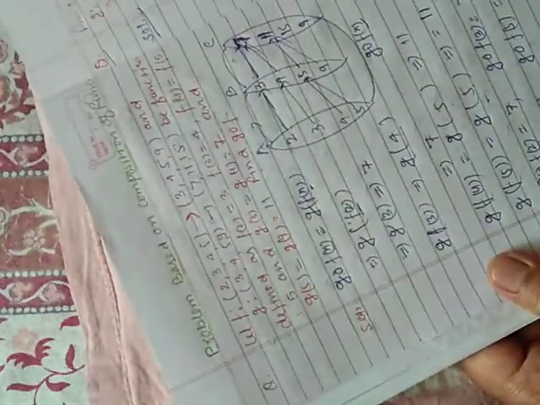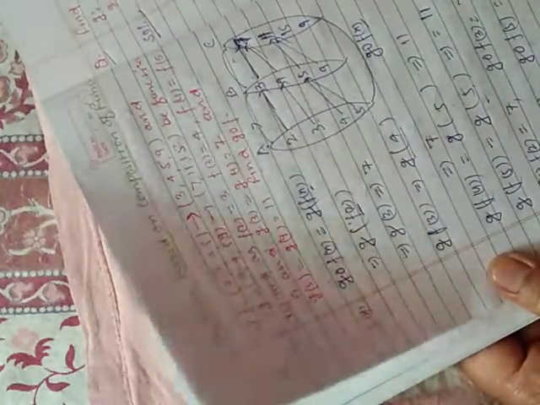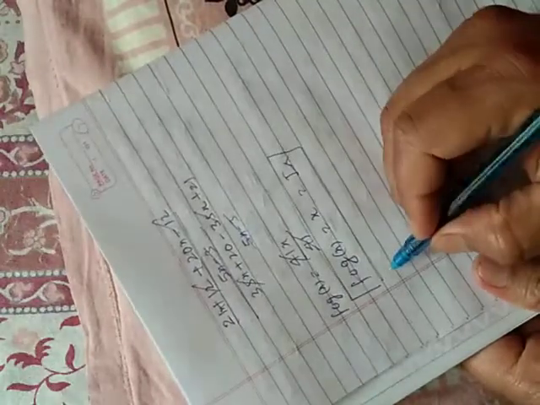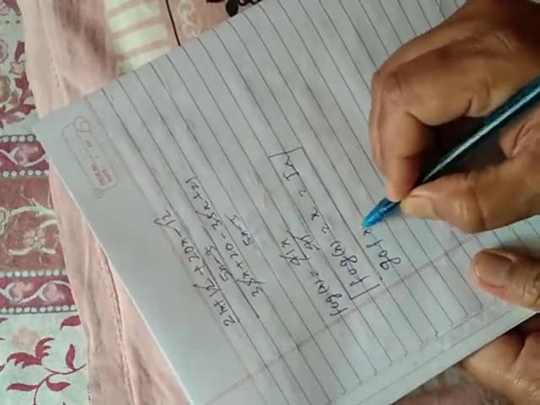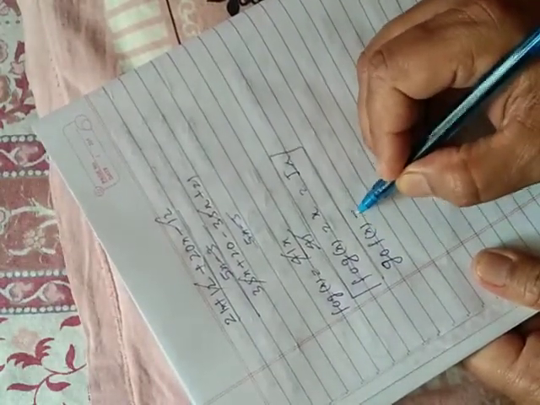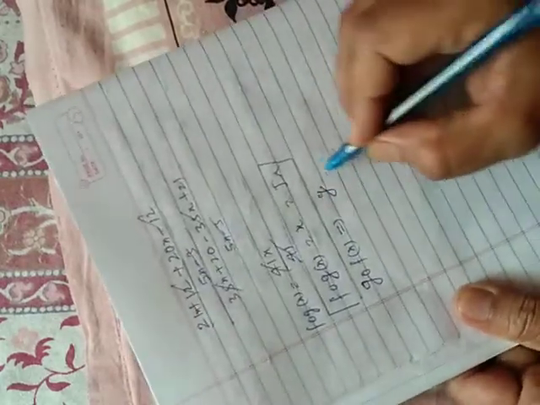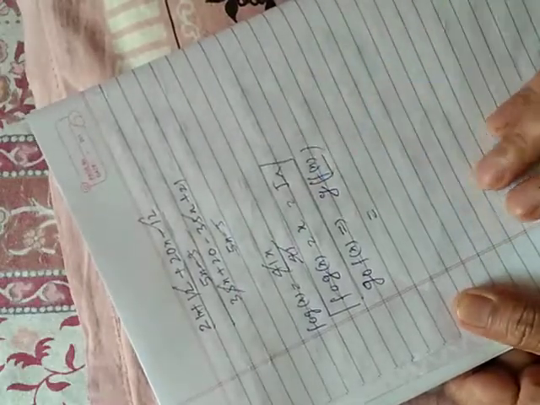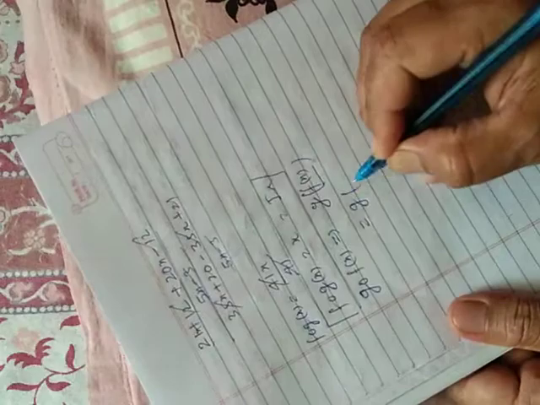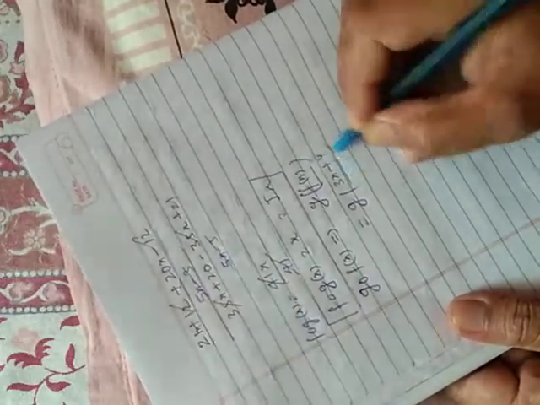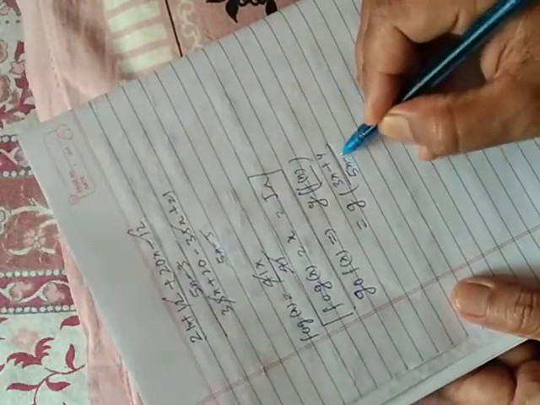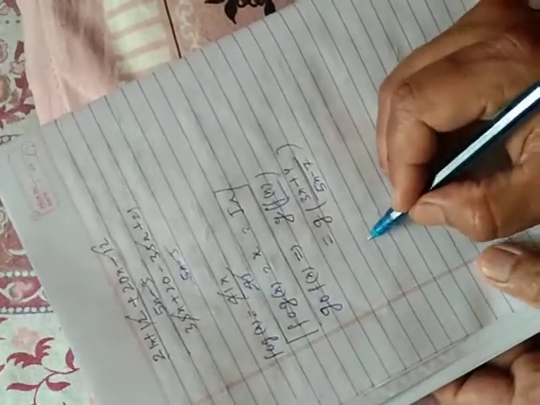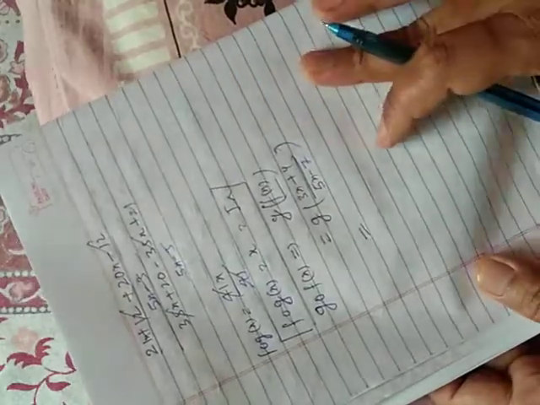Similarly, we can find gof(x). Clear? So again we can write it as g(f(x)). Now put the value of f(x). f(x) is equal to (3x plus 4) upon (5x minus 7). Clear? Now put the value of x.